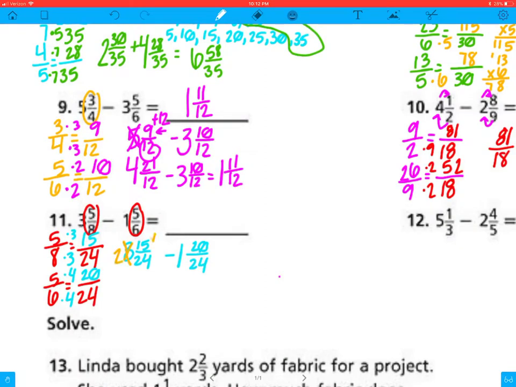So that 3 becomes a 2, and I add the 24 to the 15. So I rewrite it. 2 and 39 24ths, and I subtract 1 and 20 24ths. I get a final answer of 1 and 19 24ths. I can't take it any lower, so I just leave it at that. 1 and 19 24ths.